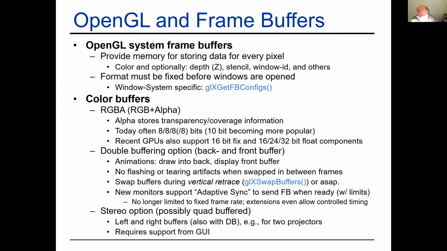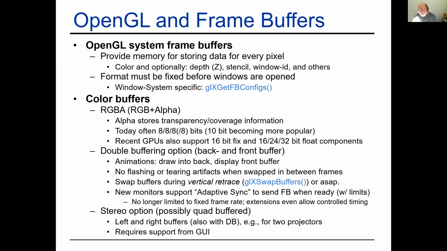There's double buffering if you want to render things while you are displaying it without disrupting the frame buffer that you're currently displaying. And then you swap the two, and then there might be stereo for VR and other applications where you present different content for the left and the right screen. They must be aligned with each other.